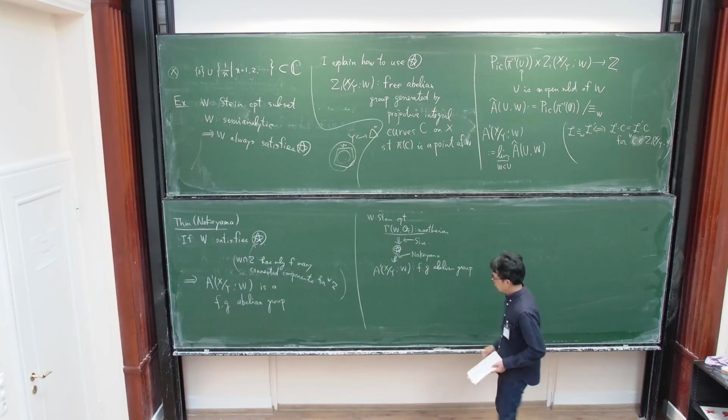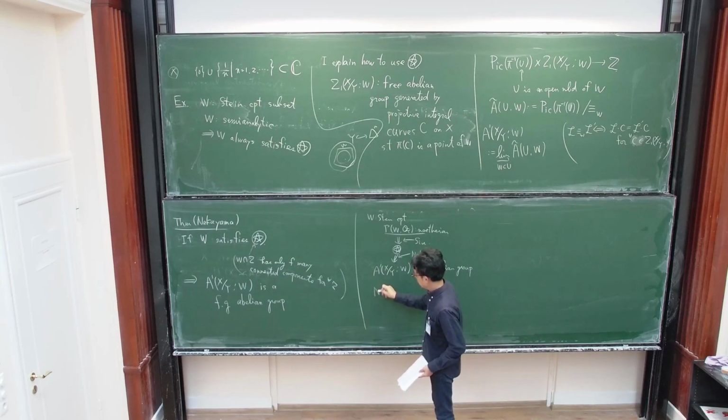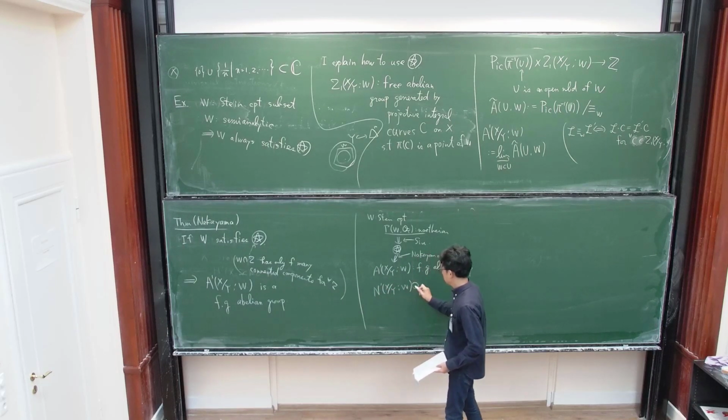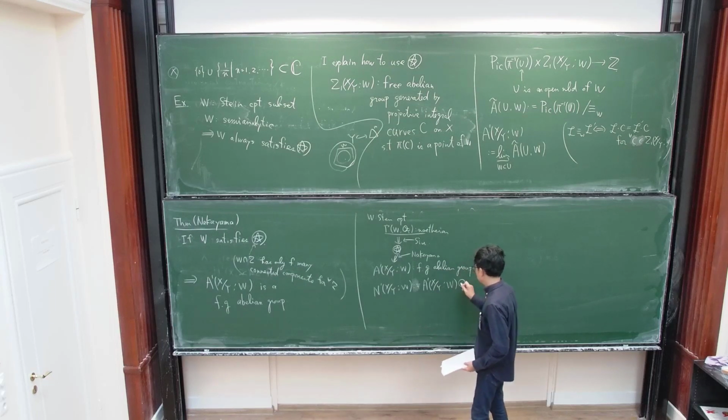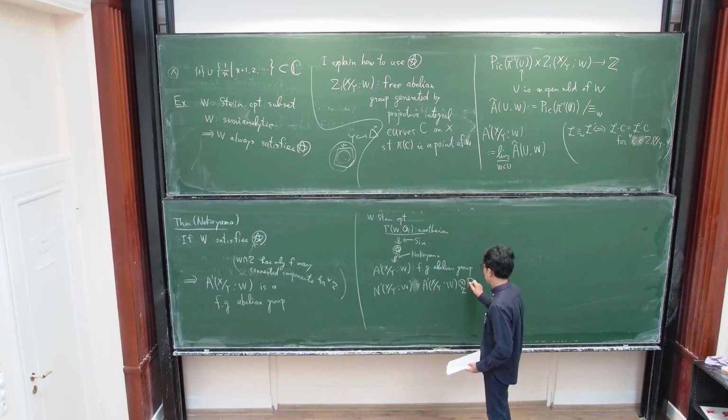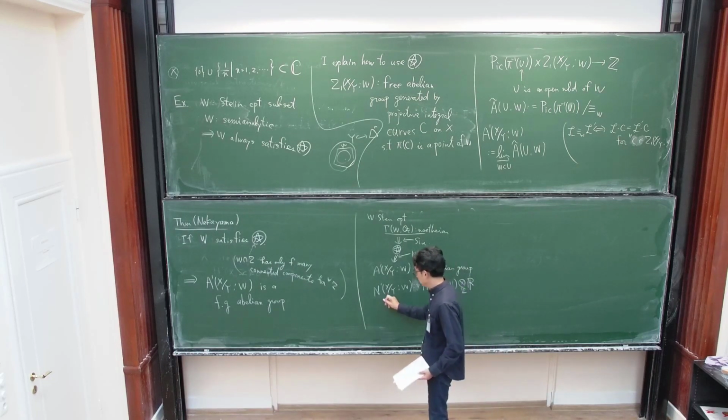Then we put N1 X over Y W equal to A1 X over Y W tensored with the reals, and we can define a dual space.